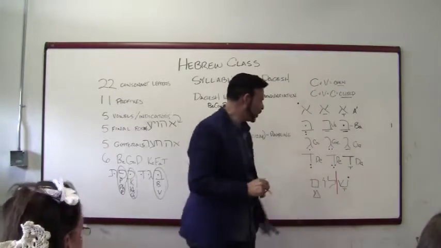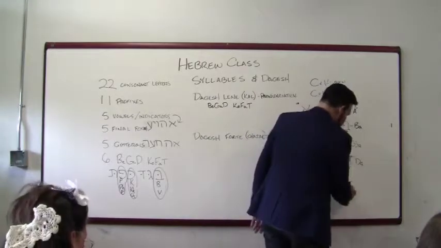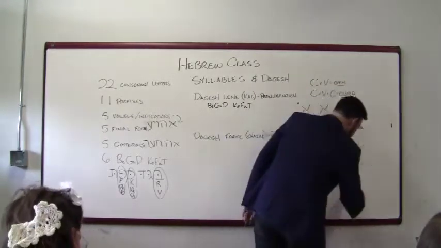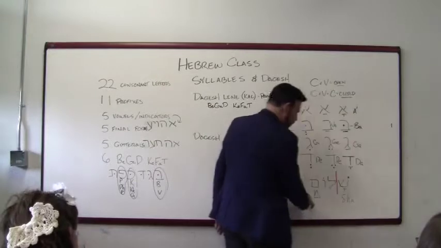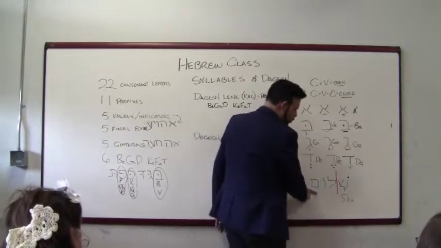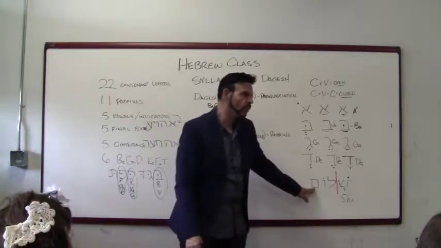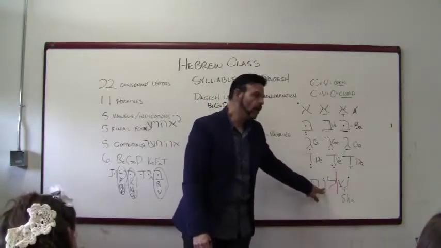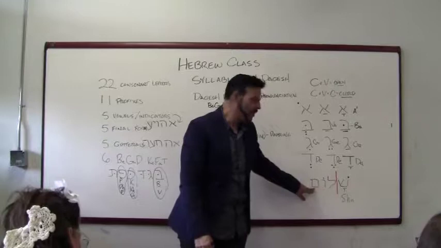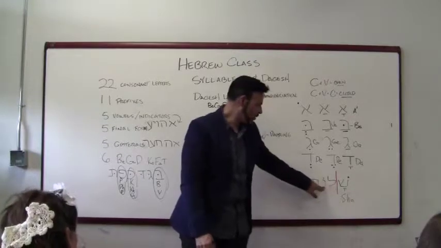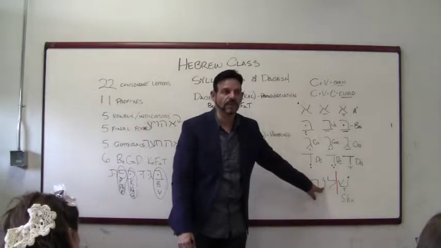And then we had the example of an open syllable here. What does this sound? Sha. And what's this one? Lom. So we have an extra consonant, don't we? We actually have a final form, mem sofit. So we have lamed, cholam vav, and mem sofit. This is no longer a consonant. This is a vowel because the dot's on top.